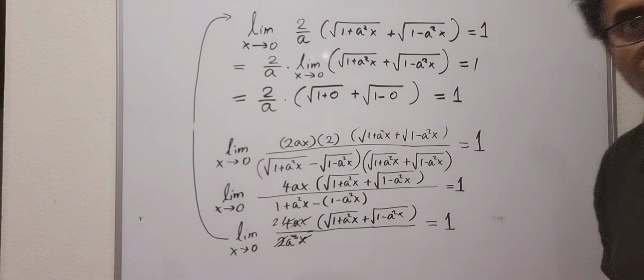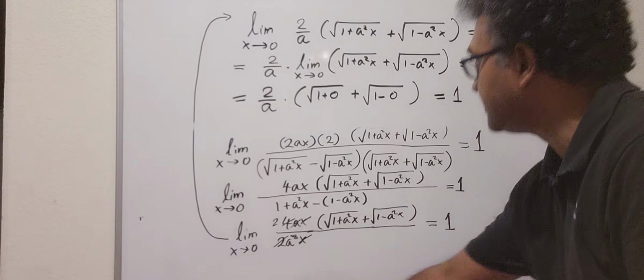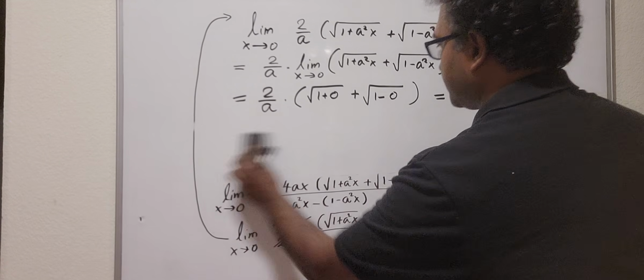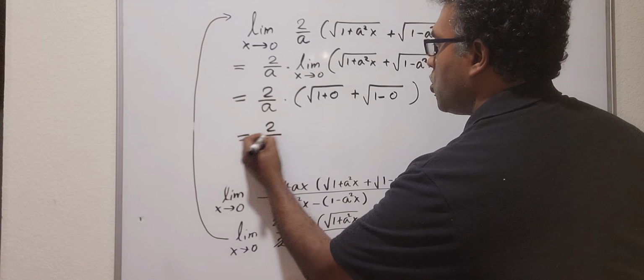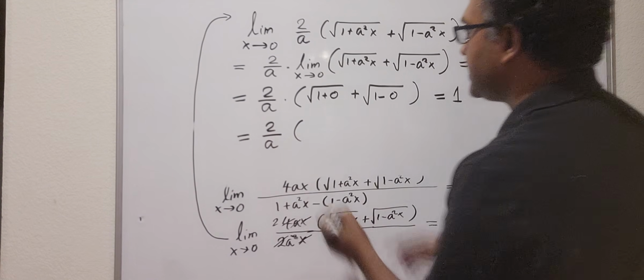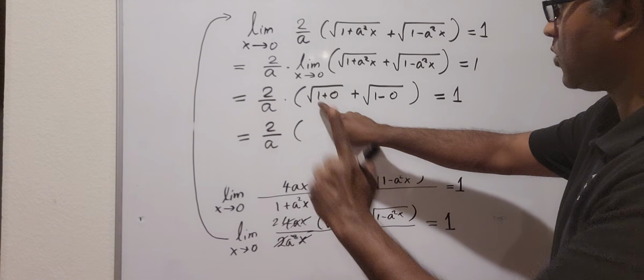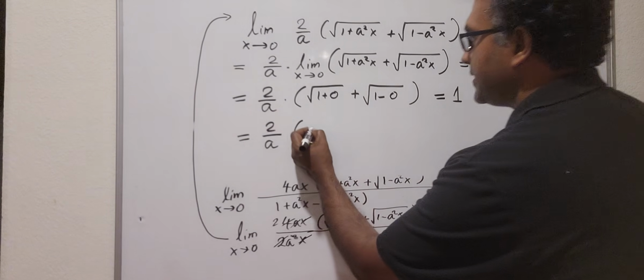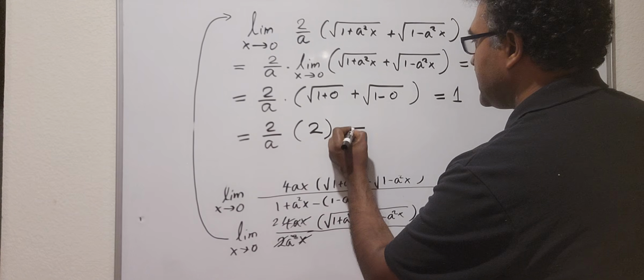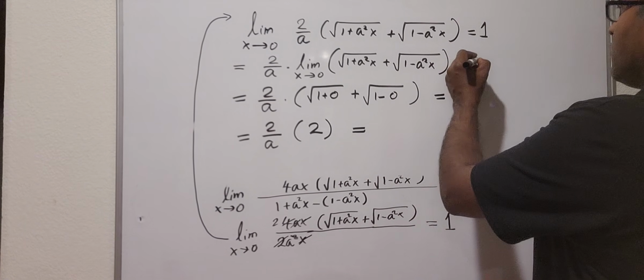Hopefully you can see the answer now. So 2 over a, and then here I have square root 1 is just 1, and square root of 1 again just 1. So 1 plus 1, that is 2, equals 1 on this side.